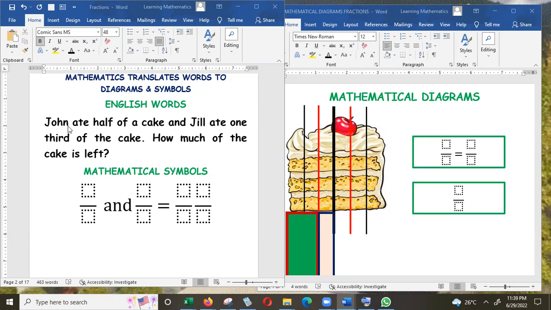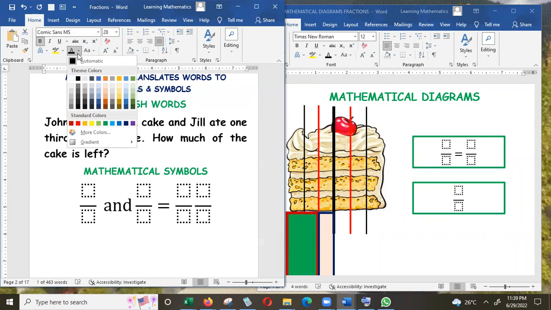Okay, so here, a closer look at these words, you can actually spot some important words that are very common in mathematics. And any word that is commonly used in mathematics has its symbolic translation. For example, the word half is an important word in mathematics.